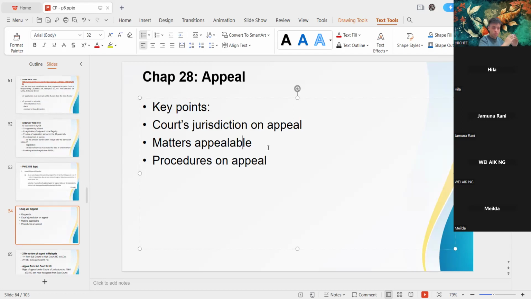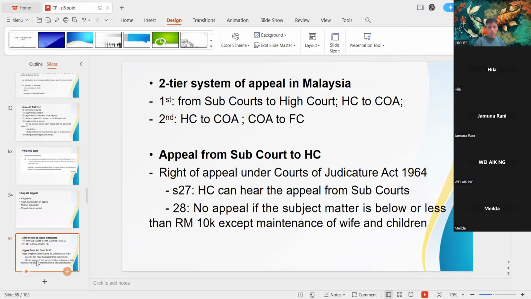The appeal may not be as of right, because it's subject to whether or not your matter is appealable. That's why I start off here first. There is a right of appeal under the Judicature Act, so under Section 27, the High Court can hear the appeal from the sub-court.